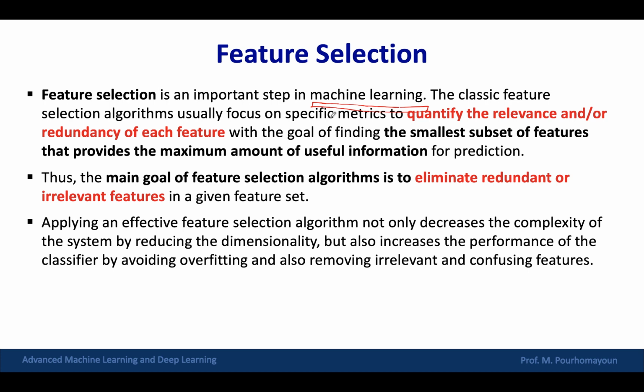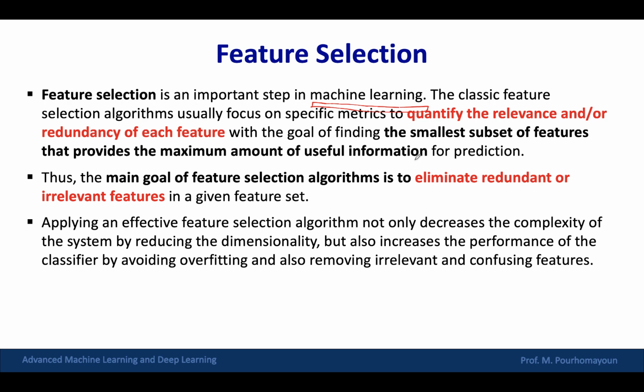Okay, so your feature selection algorithm should throw away unrelated features, useless features that do not provide any information, or repetitive features that provide the same information that other features provided.